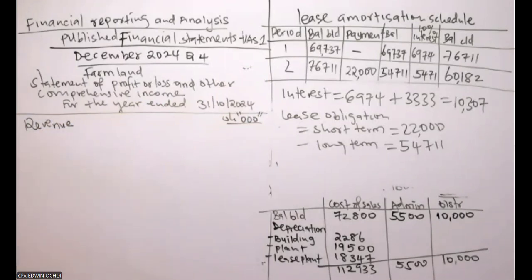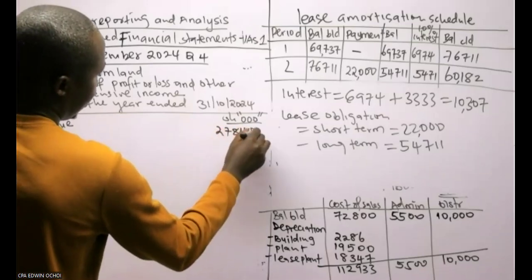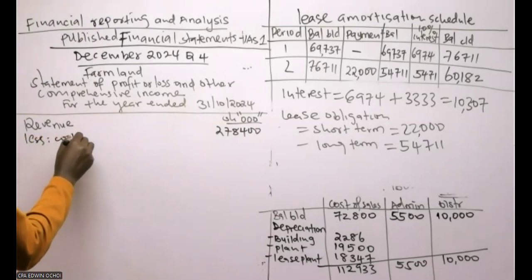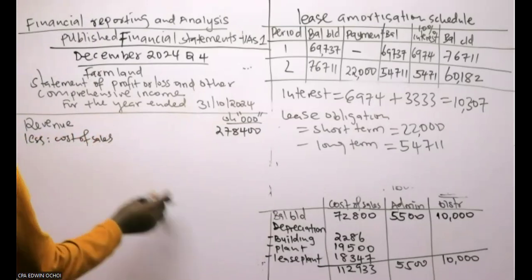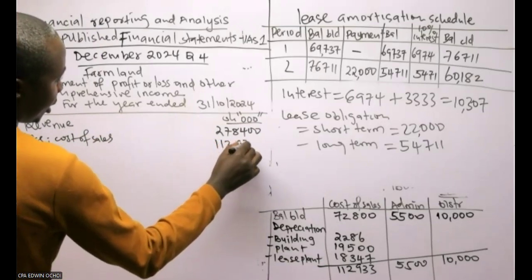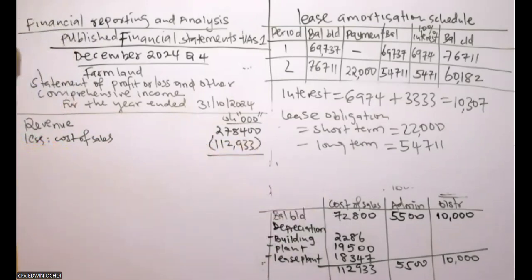The revenue is 278,400. Less cost of sales, 112,933. Now you understand why I was doing this working, so that you get your gross profit here.